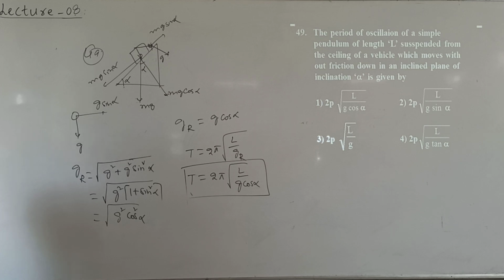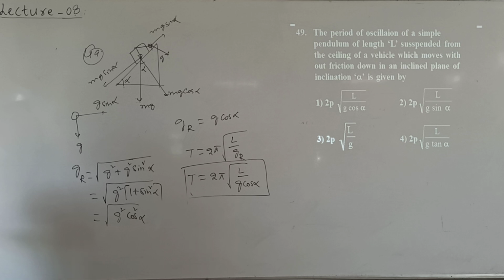But here we get a small variation. So what I can write is the value of g cos alpha and g sin alpha. That is mg into sin alpha only. One value will be equal to g, and the other value will be equal to g cos alpha.